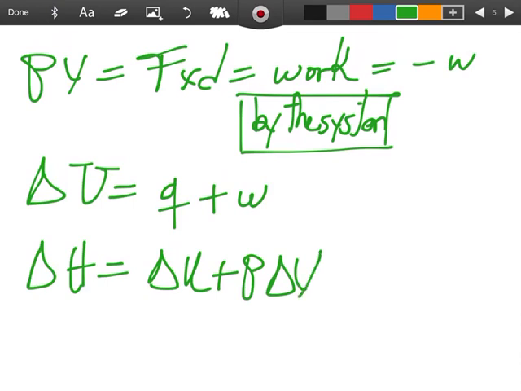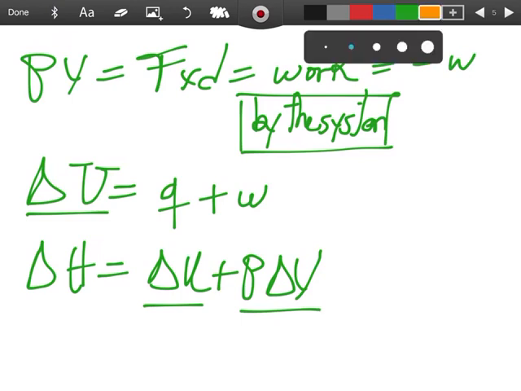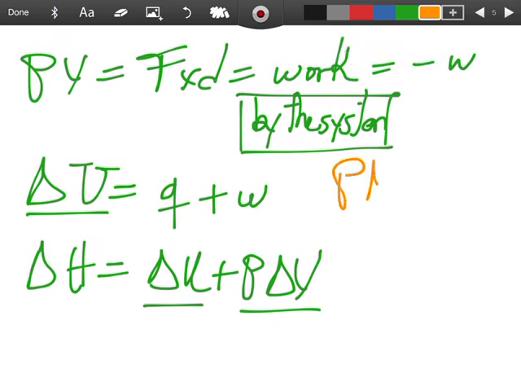But look at this. This U is the same as this U. And this P times the change of V is going to be minus W. Why? Because I can apply a change here whenever I want.